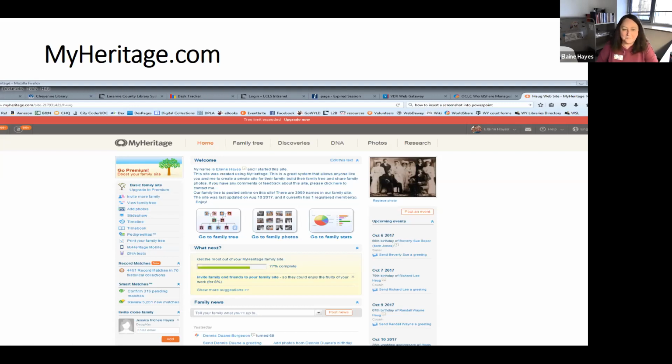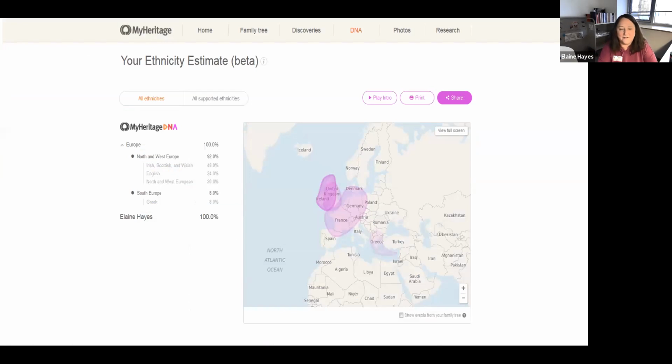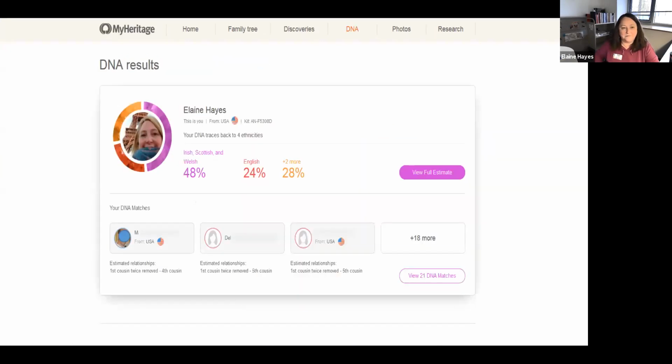Yeah, there were a lot of matches there. They show me a map and say I have 92% North and West Europe, South Europe. This time they don't say Cypriot, but they say Greece, but there's 8%, which seems like a lot more than the 1.3% that I had in the other one.